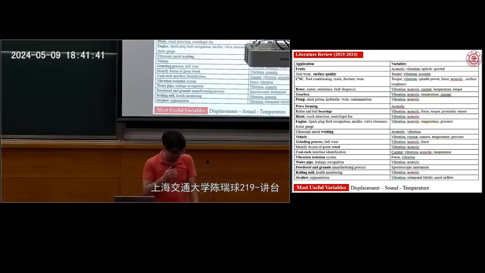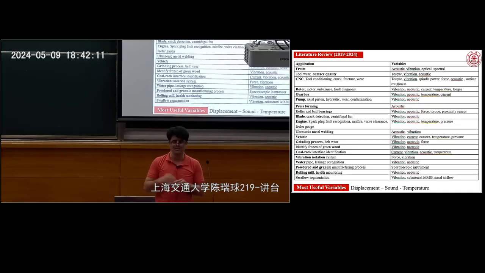The second column I underlined with some colors, green, red, yellow, and brown, about the diversities of these variables mentioned before. Preferably, the most useful variable, if you want to get data, is firstly displacement, related to vibration.